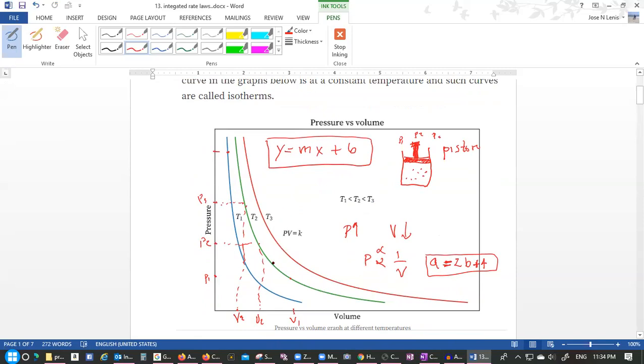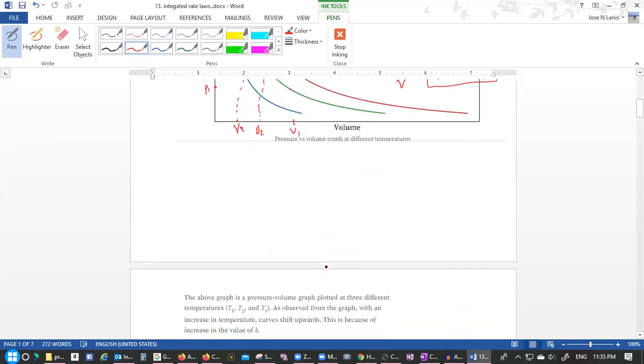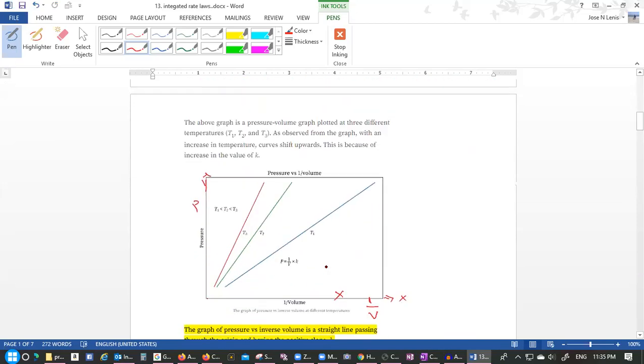It is useful because it shows the relationship, but it's not useful to solve equations. This relationship is going to be more useful because it shows a linear tendency. And that was the purpose of making this change, to convert that curve shape into a straight line.